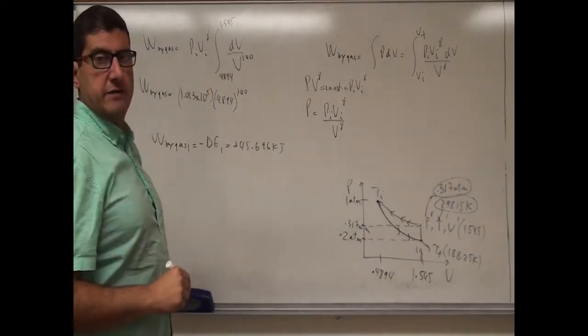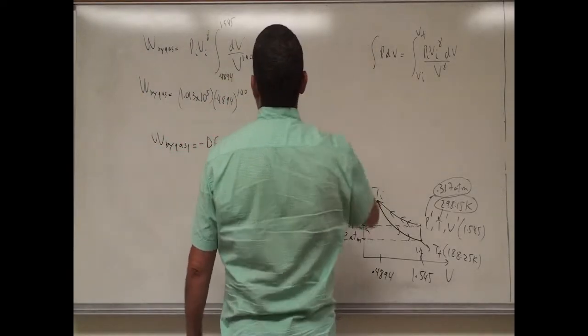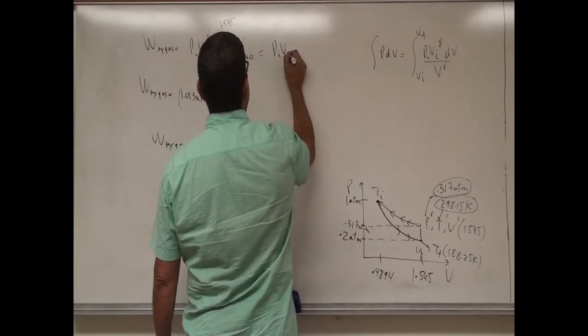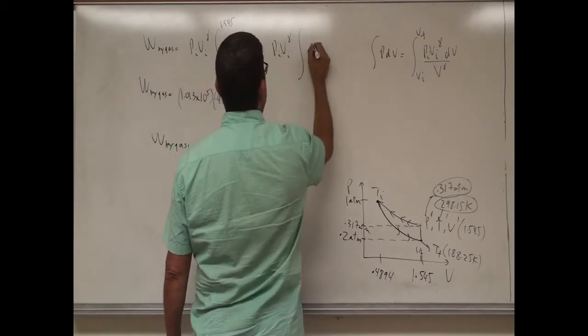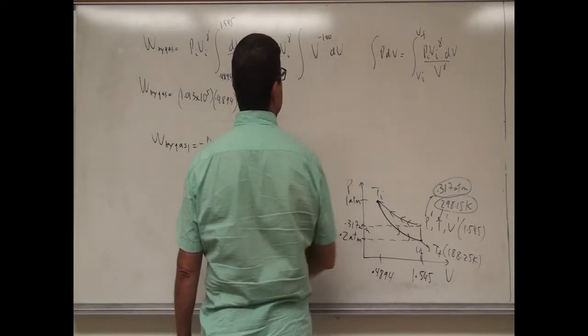And then the integral of 1 over V to the power 1.4 is going to be what? Well, you're going to have P initial, V initial to the gamma, then V to the power negative 1.40 dV.